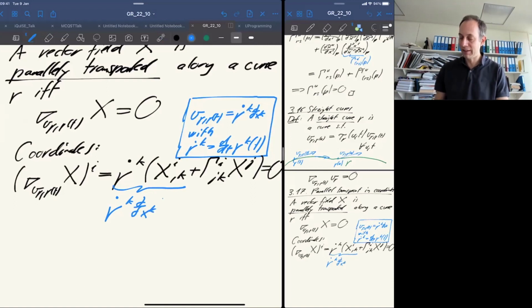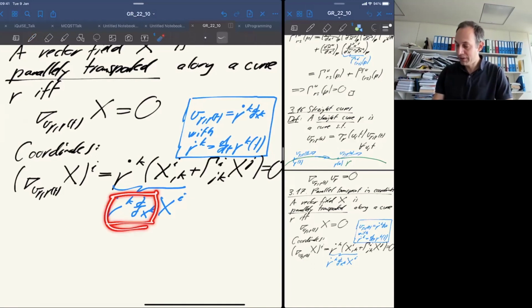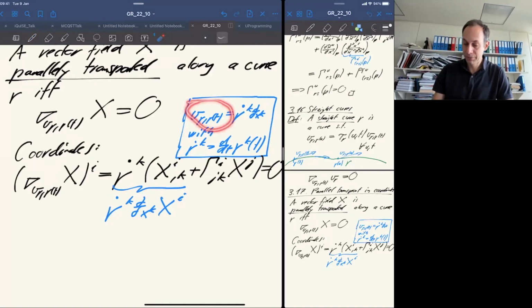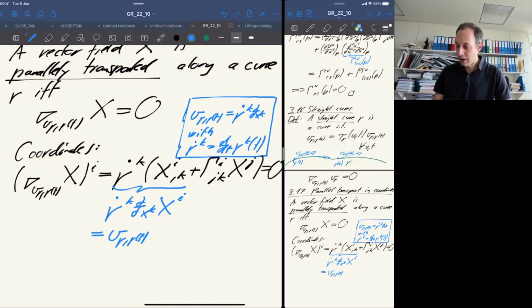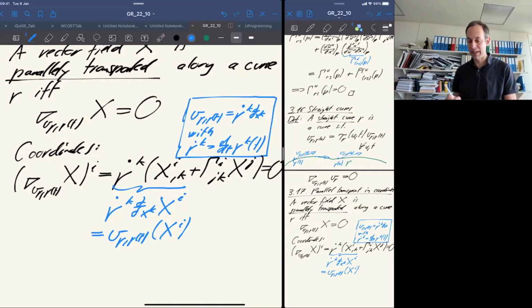That's really the same thing, that's the comma notation. Now, of course, this object here is again the velocity vector. That's what I wrote here. So I could also write this as equal to the velocity vector of the curve applied to x^i. So a vector can be applied to a function, and here I'm just applying it to the coordinate function of the vector field x.